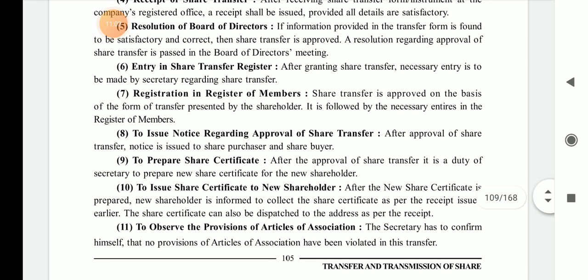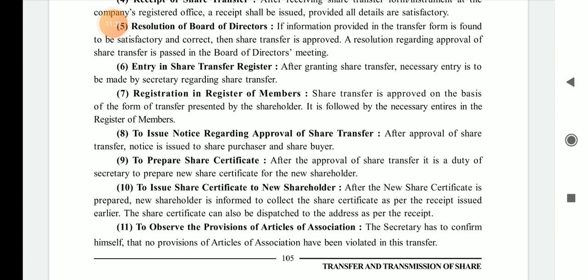To issue share certificate to new shareholder. After the new share certificate is prepared, the new shareholder is informed to collect the share certificate as per the receipt issued earlier. As per the receipt given by the particular person, the secretary has to inform the new shareholder to collect the share certificate. The share certificate is prepared by the company and they have to collect it.